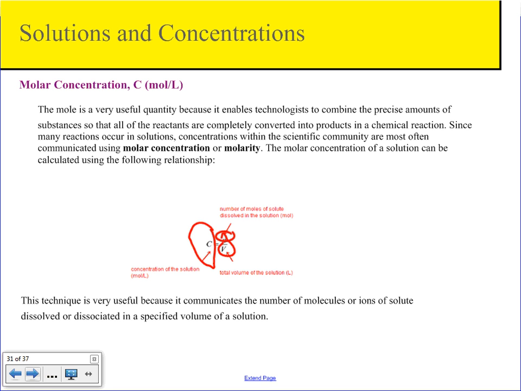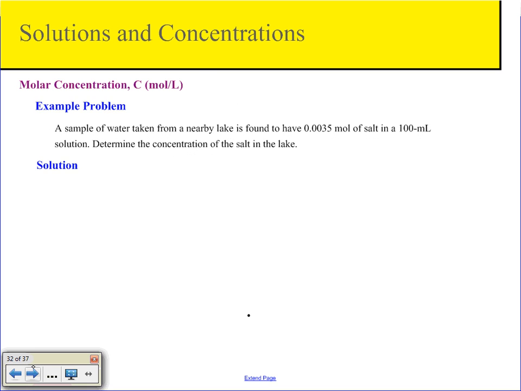So C equals n over V. This technique is very useful because it communicates the number of molecules or ions dissolved or dissociated in a specific volume of a solution.